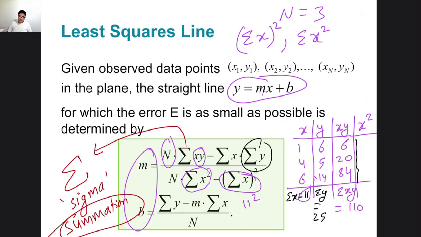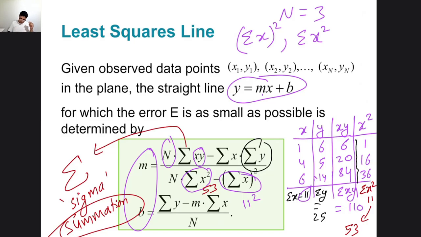There's one more column in the table, the x squared column: 1, 4 squared 16, 6 squared 36. When you take the sum, it's on the very right corner towards the bottom on your screen. Sum x squared equals 1 plus 16 plus 36, which is 53. So that is the value 53 you plug into the formula here, and that gives you the value of m.